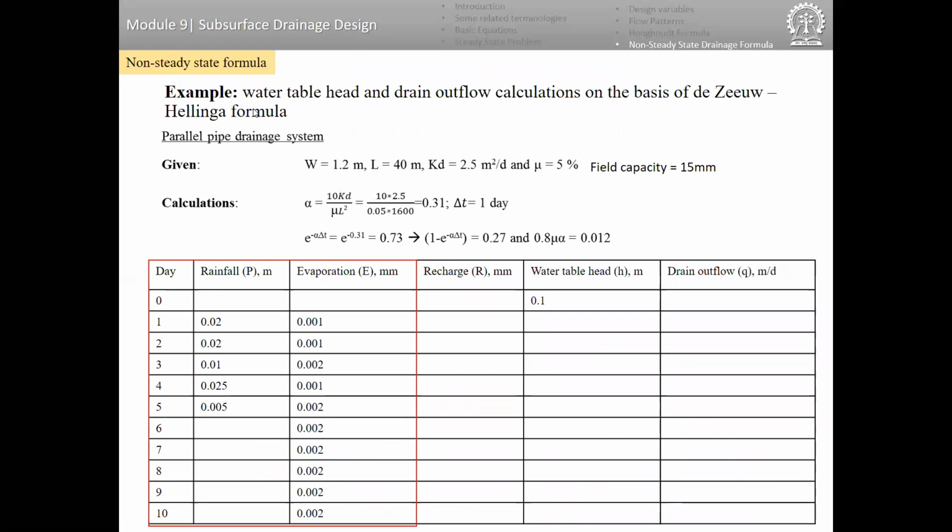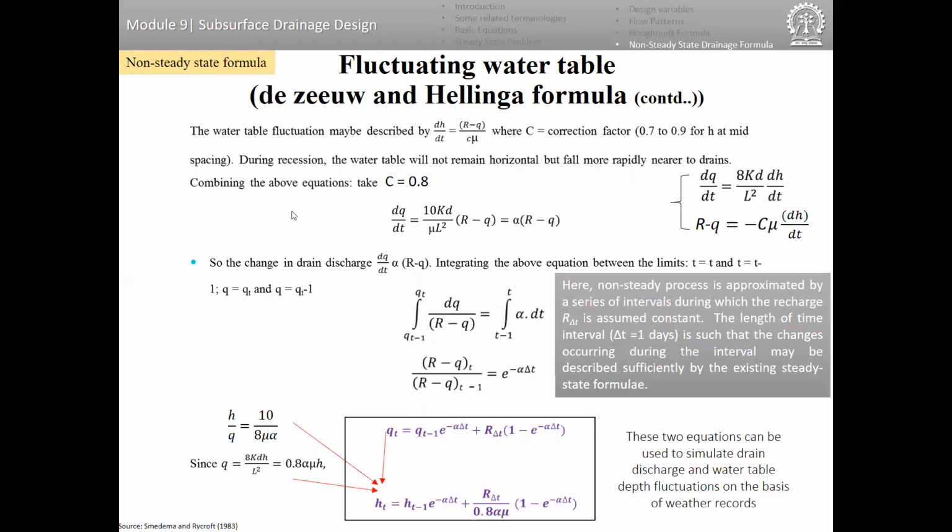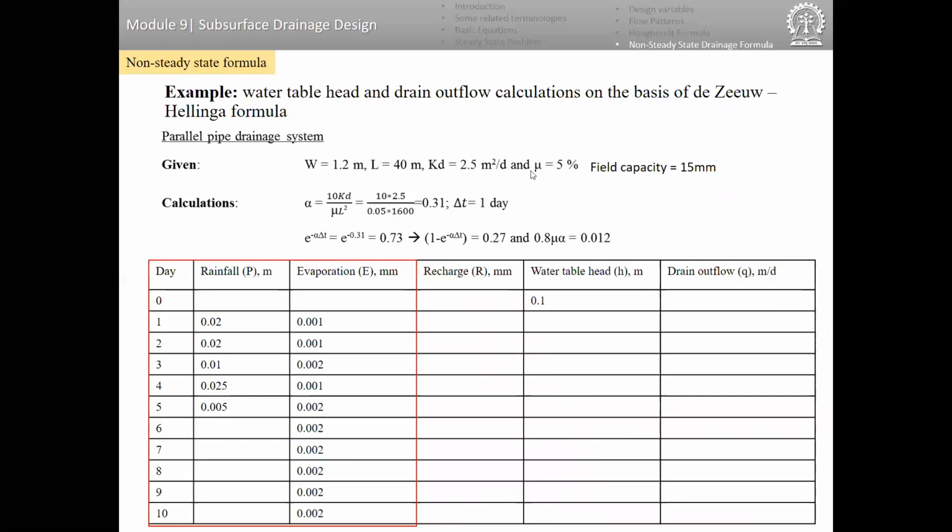In this example, we have to find the water table head and the drain outflow on the basis of the Dieleman-Hillinger formula. So what is given here? Depth of drainage base is given as 1.2 meter.